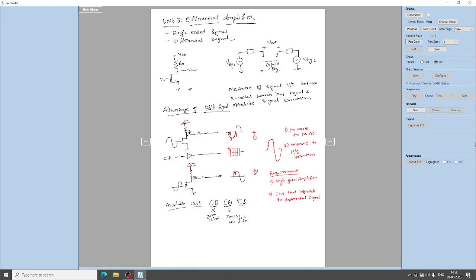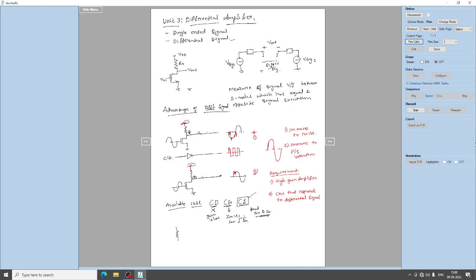Whereas the common source has good input impedance and output impedance, which is suitable to design the required amplifier, right? So using this common source, we can try defining the differential signal, right?